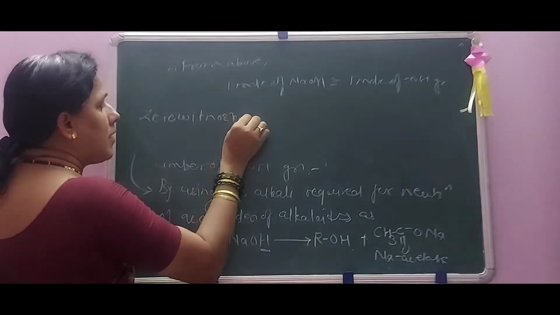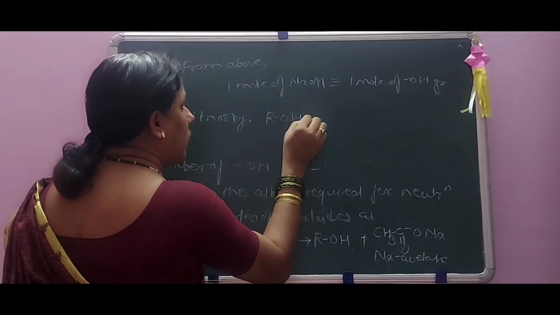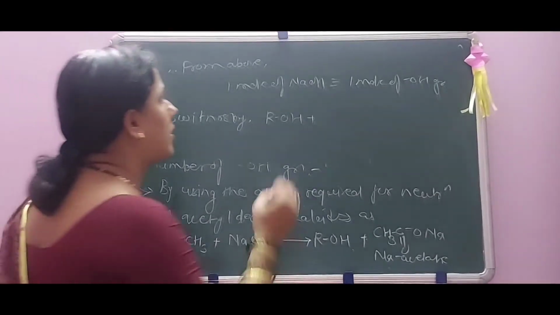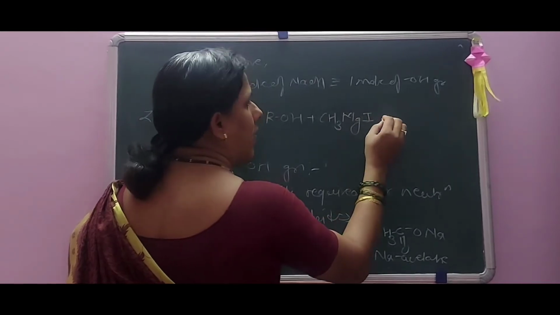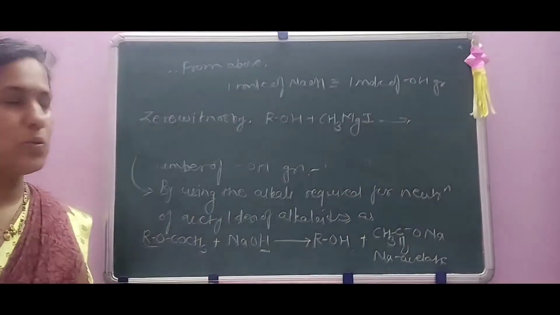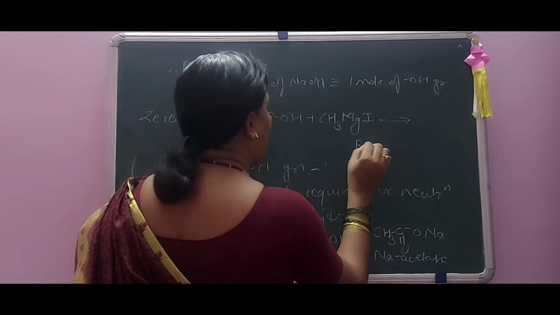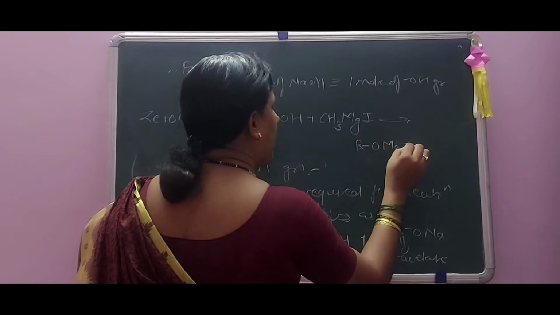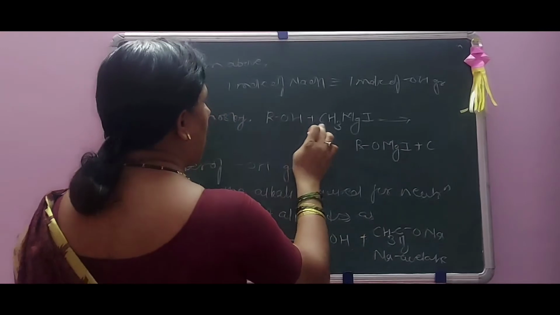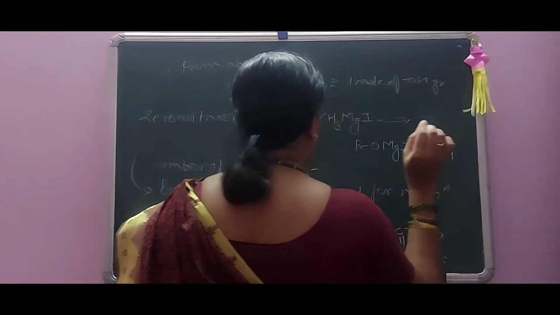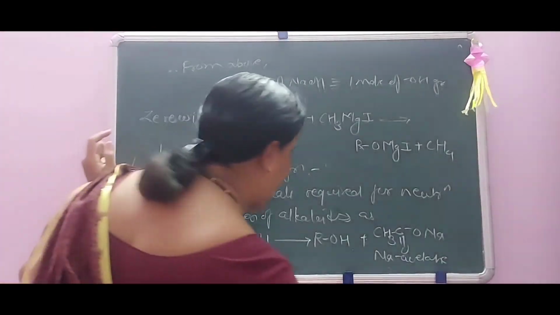Now, another method is according to Zerewitinoff: when an alcohol is treated with CH3MgI, it gives ROMgI plus CH4.